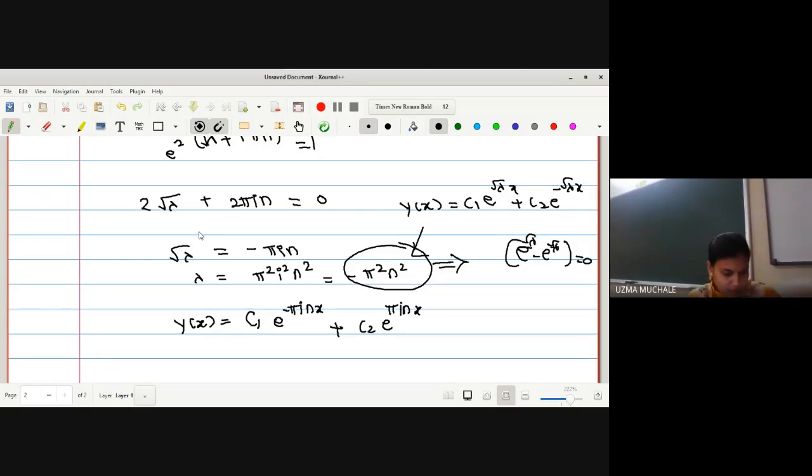So after finding all this, we now just have to put it in this format: y of x is equal to c1 e raised to i theta, e raised to i theta.